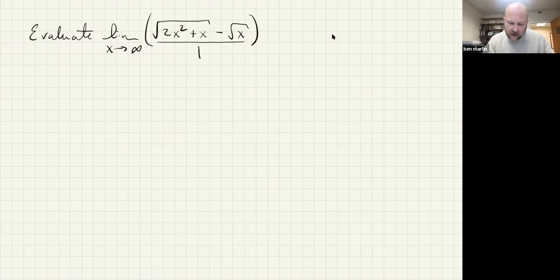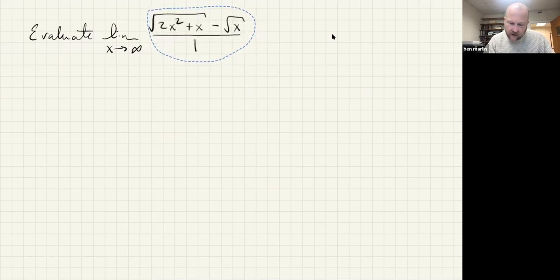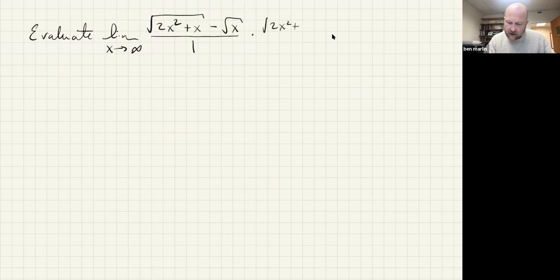So I am going to take on this bit here and just take off those parentheses because they're kind of in the way. Scoot this up a little bit. I'm going to multiply the top and the bottom by the conjugate. And that is going to be a plus square root of x.